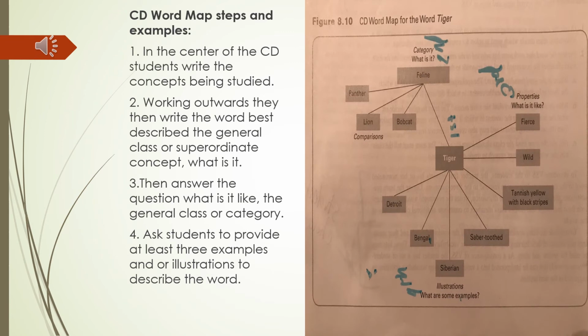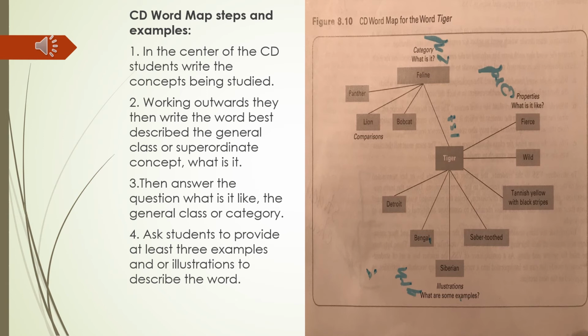CD word map steps and examples. In the center of the CD, students write the concept being studied. In this example, it is tiger. Working outwards, they then write the word that best describes the general class. So in this example, the second step, what is it? The answer is feline.